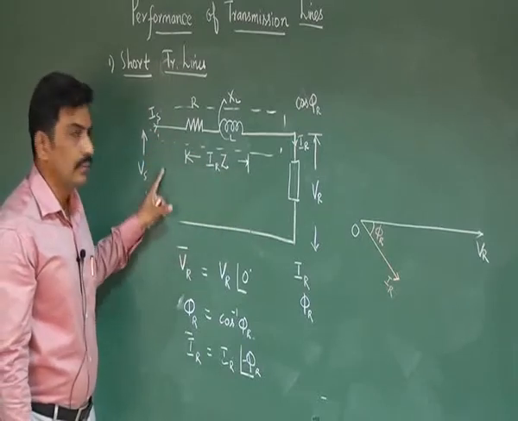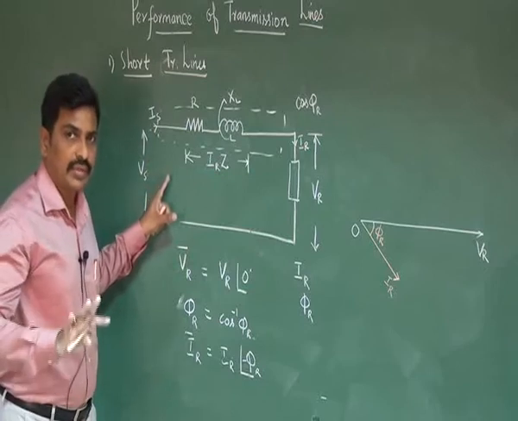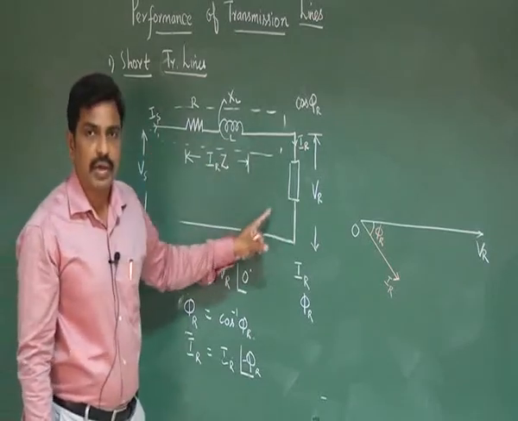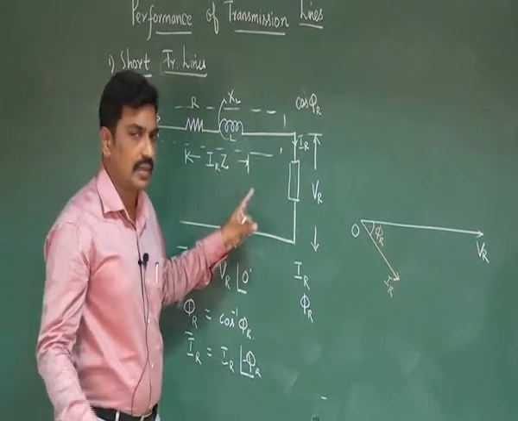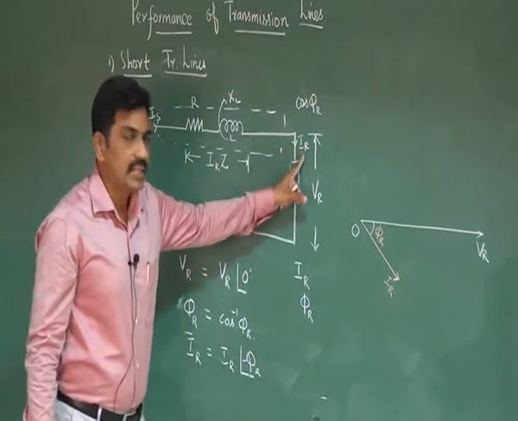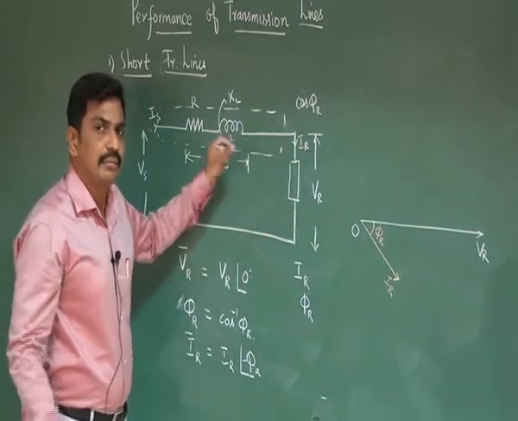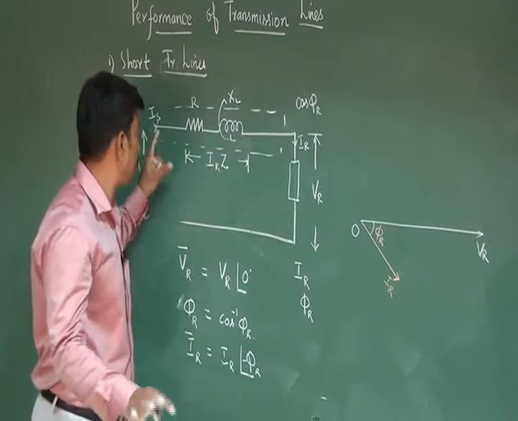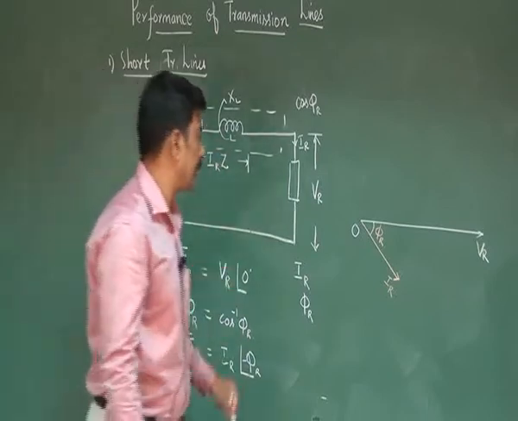Now how do you plot the IS vector? Looking at the circuit, keep the circuit very simple in our mind. You see, we don't have shunt branches, we don't have shunt paths. That matter is also discussed already. Now the receiving end current IR is simply equal to IS, the sending end current.